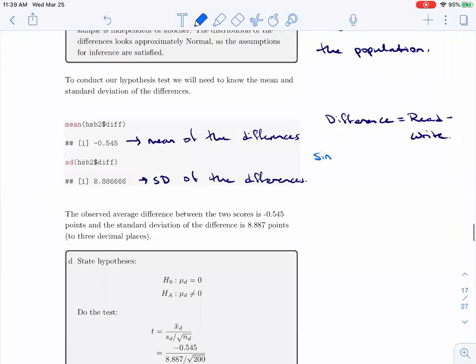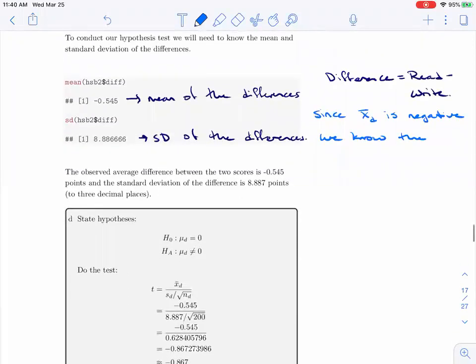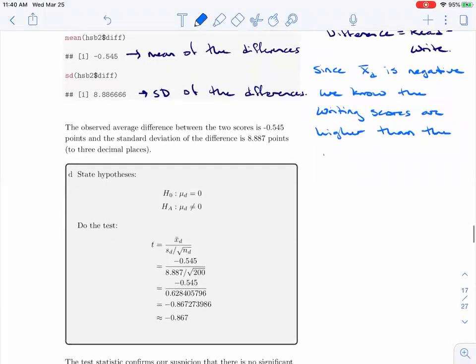Okay, so since x bar of the differences, and I'll put a little subscript d, is negative, we know the writing scores are higher than the reading scores on average, right?